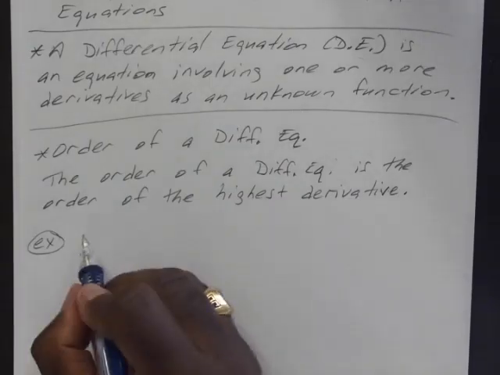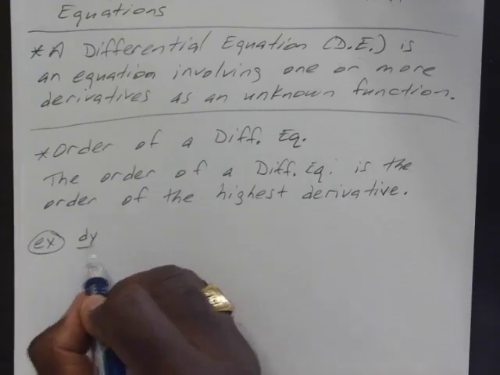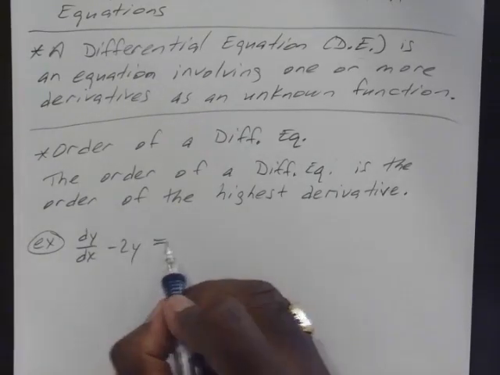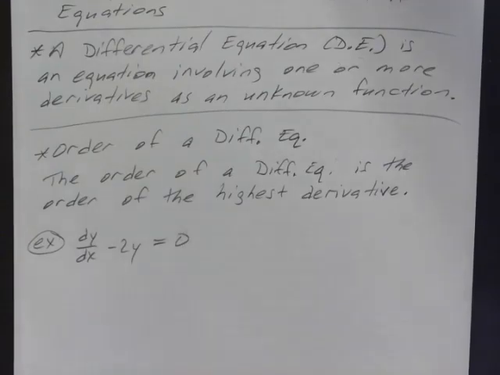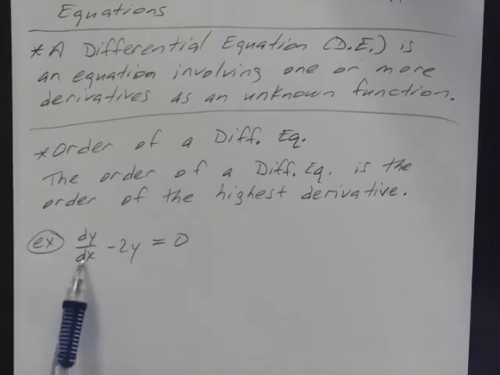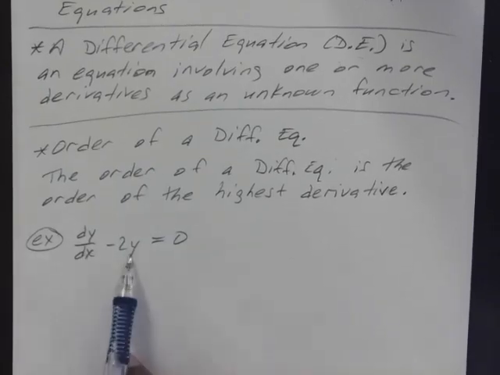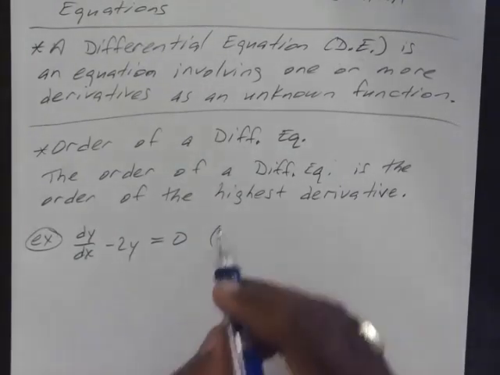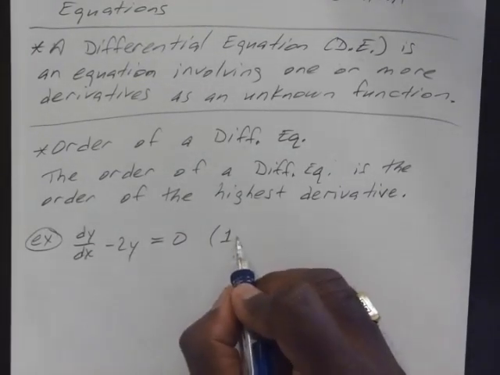Okay, so let's say you have the derivative of y with respect to x minus 2y is equal to 0. Well, the highest derivative is the first derivative. This is just not the equation, the variable y. So we know this is a first order.